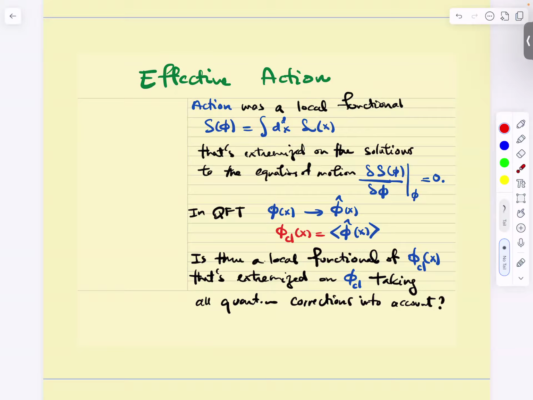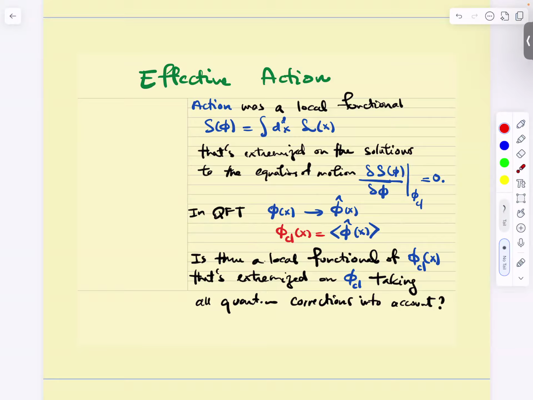So del S over del phi on the solutions is equal to 0, phi classical. In quantum field theory, the phi should be promoted to an operator, phi hat. And then what would play the role of phi classical? What plays the role of phi classical is the 1-point function of the operator, the expectation value of it.